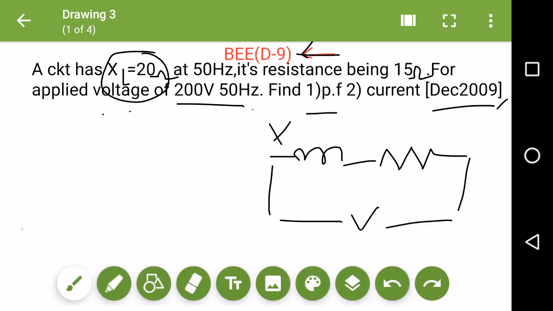I need to combine these two to form one single resistance, that is ZT, the total impedance of this circuit.